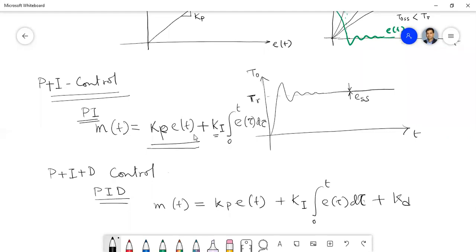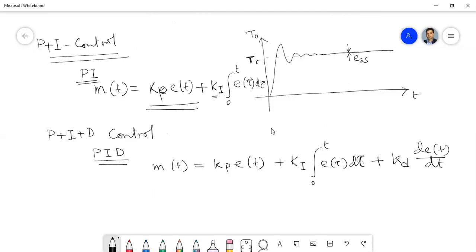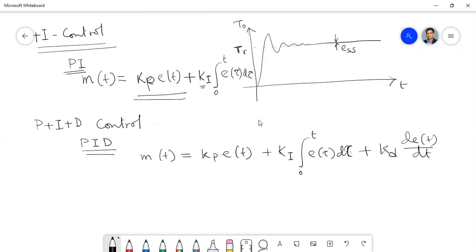Here we have to take the derivative of the error signal. Then I will get better transient response as well as steady state response. But again at the cost of simplicity. The complexity will be more, and we have to tune the values of Kp, Ki, and Kd properly.